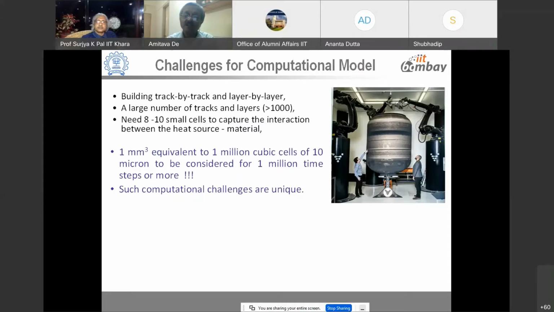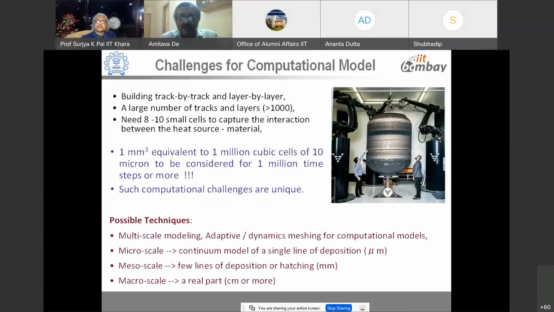Imagining a situation like that, we are talking of 1 millimeter. If we really want to think of powders of 50 micron or 100 micron size coming under a laser beam, we are trying to think of a huge number of such unit cells that are to be modeled. And this is a real huge challenge.